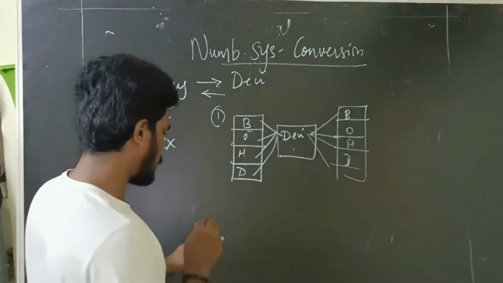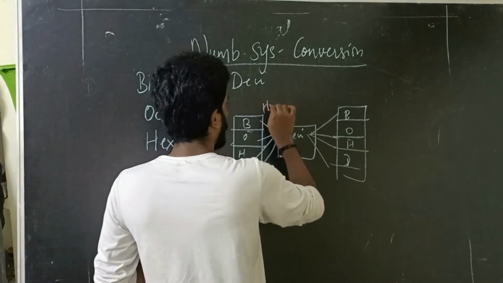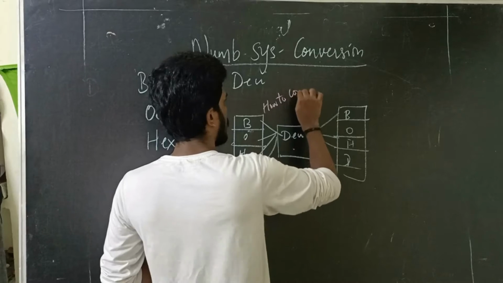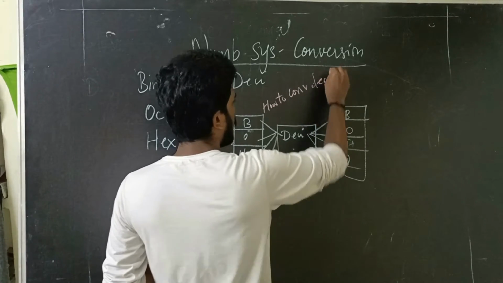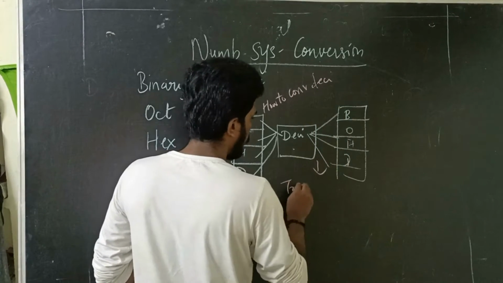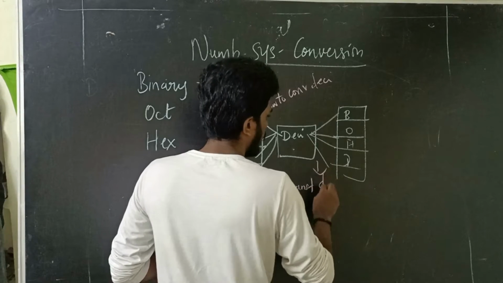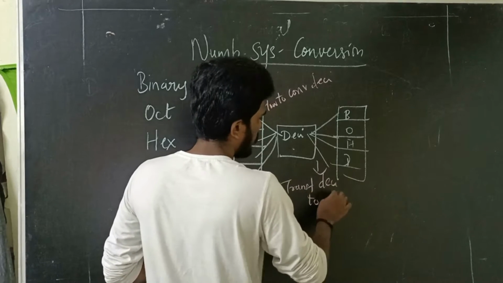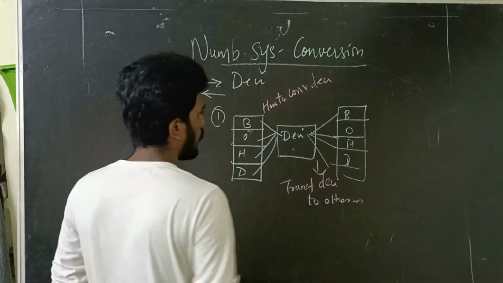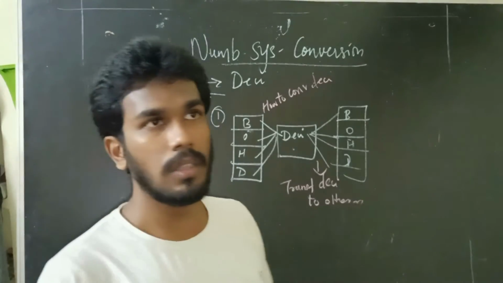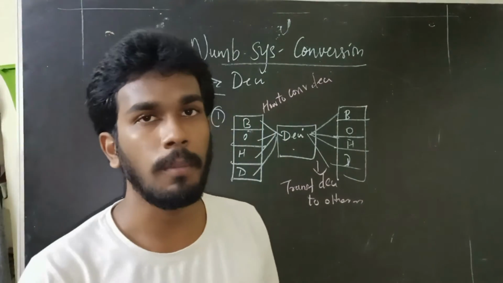You should know how to convert to decimal, and how to transform decimal to other forms. If you know these two logics, you can easily convert a number from one form to another.